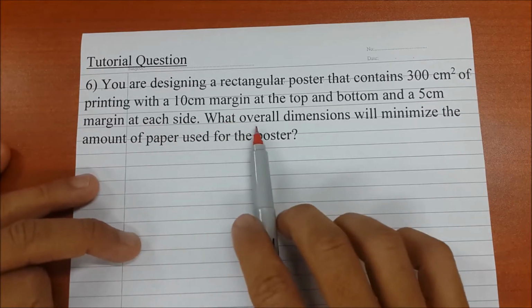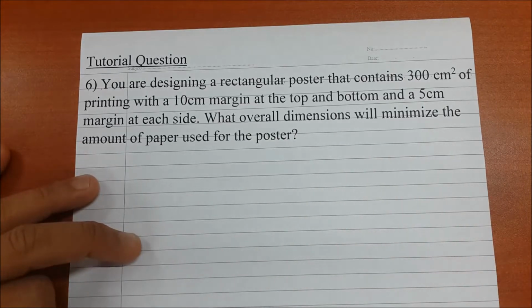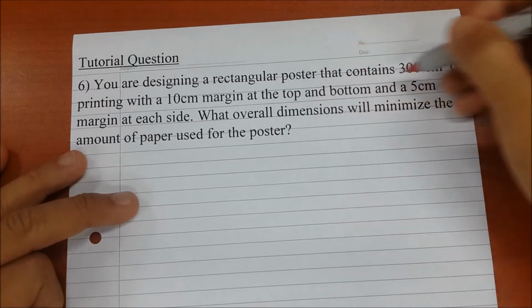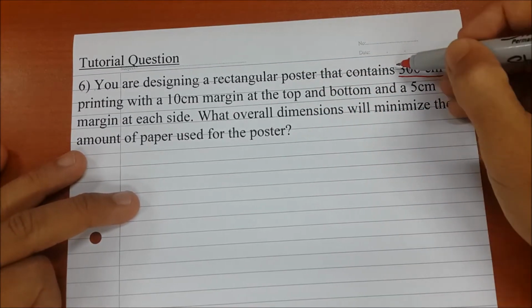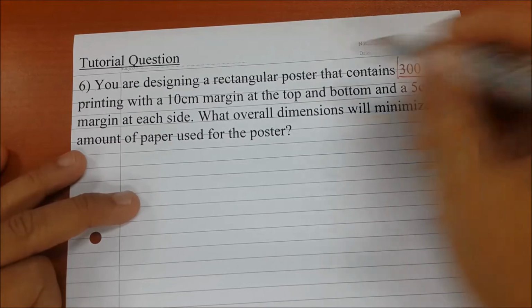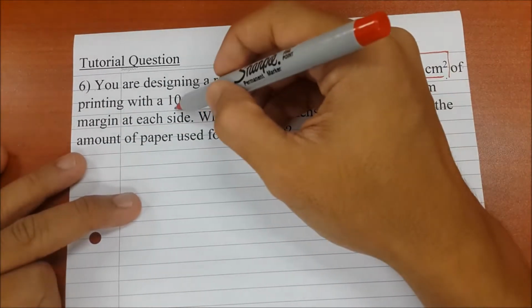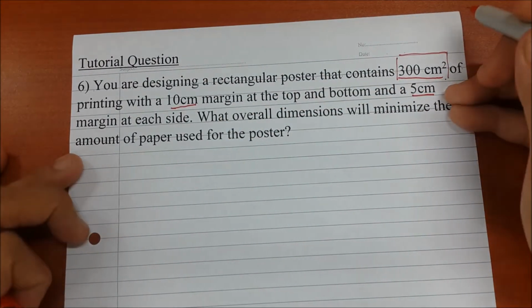So what overall dimensions will minimize the amount of paper used for the poster? First of all, we know that the poster will contain 300 centimeter square of printing, and the margin at the top and bottom will be 10 centimeter and 5 centimeter on the side.